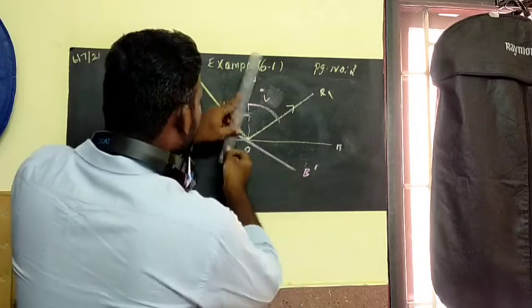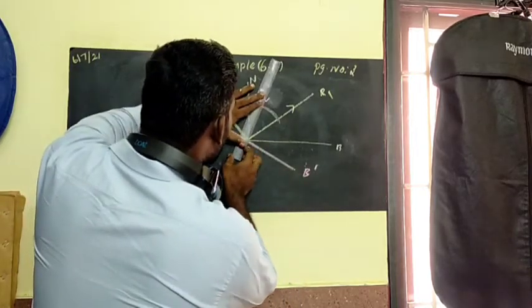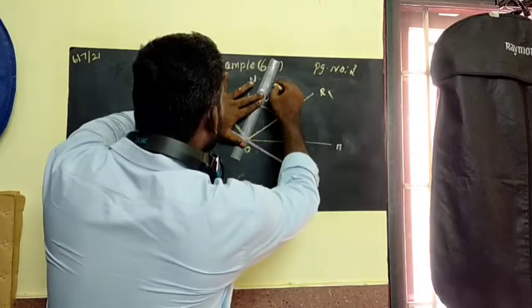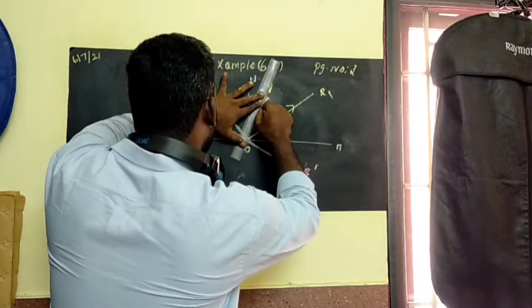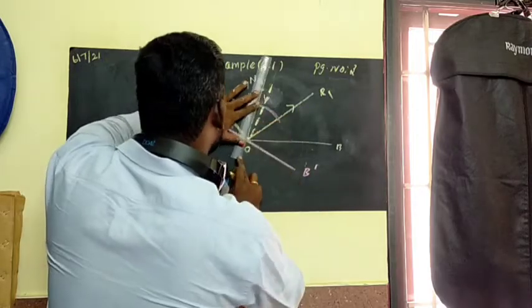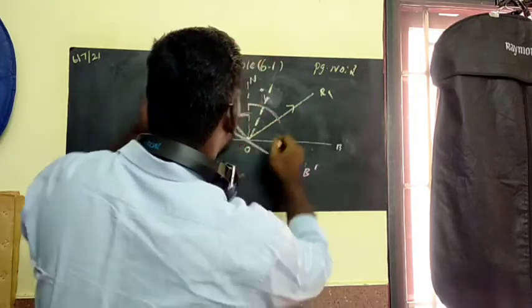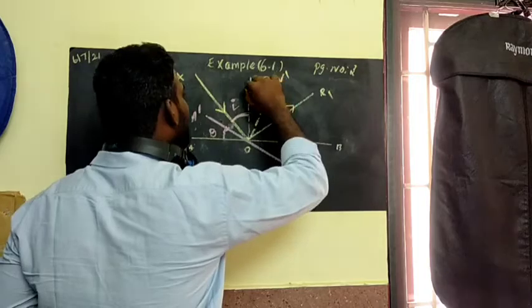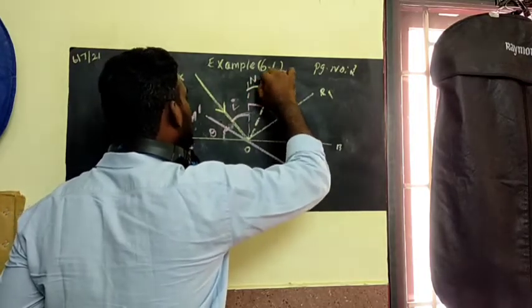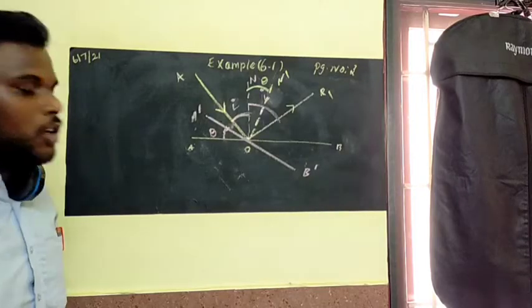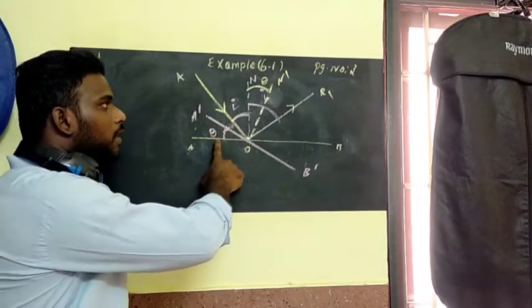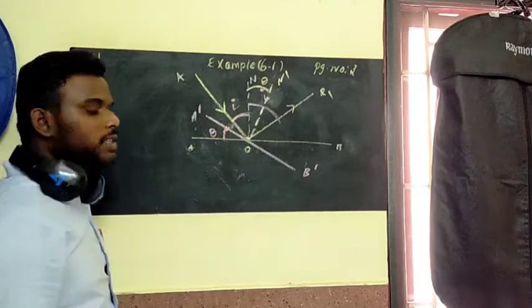For A dash B dash, we need some normal, and this will be the normal for A dash B dash. This is n dash, and this angle is theta, which means the normal also displaced by an angle of theta. So we tilted by theta, and because of that the new normal also becomes theta.